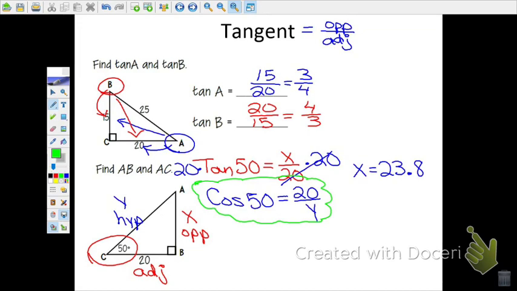When your variable is in the denominator, to get it out of the denominator, just like we did before, we'd multiply both sides by y, and then we still have this cosine of 50 over here, so then we would have to divide by cosine of 50 to get the y all by itself.